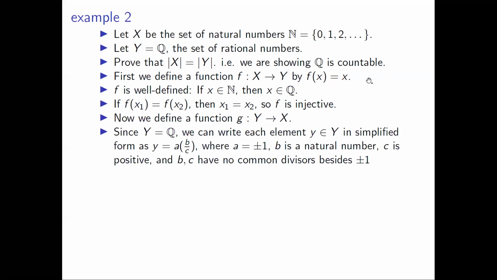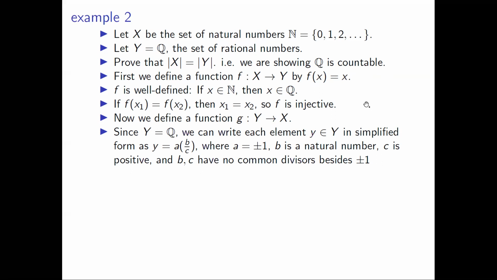And we're going to use the fact that elements of Y can be written in a simplified way. So given any element of Y, since Y is a set of rational numbers, we'll write it in simplified form as y equals a times the quantity b over c. a will equal either plus or minus 1, so there's only two possibilities for a. b is just a natural number, and c is positive.